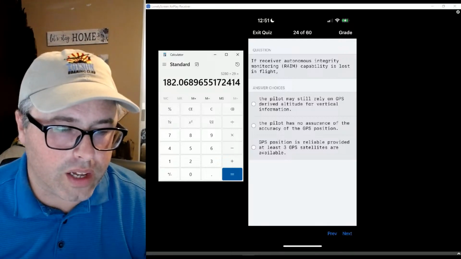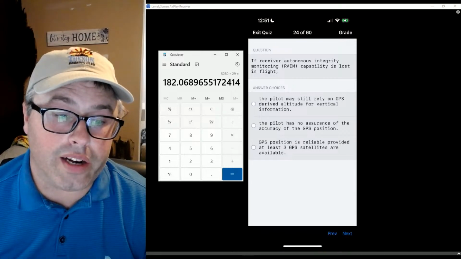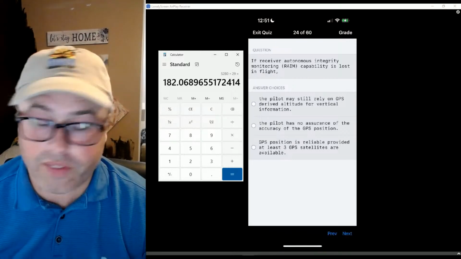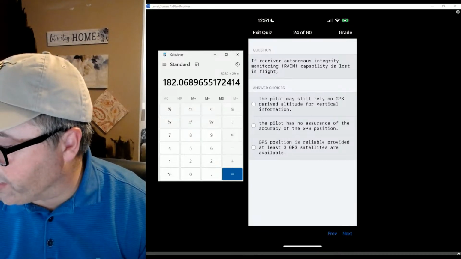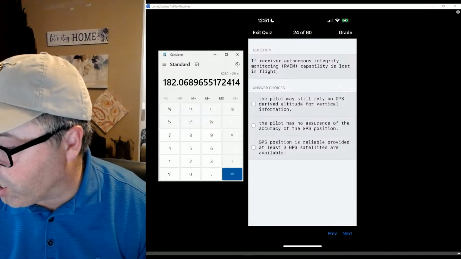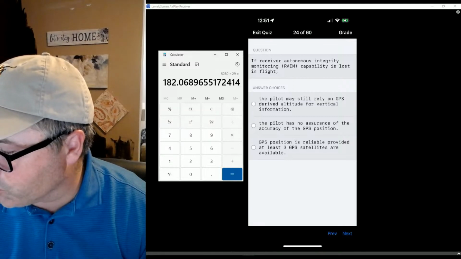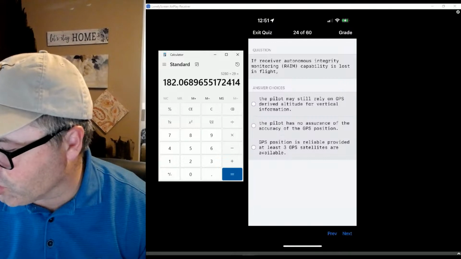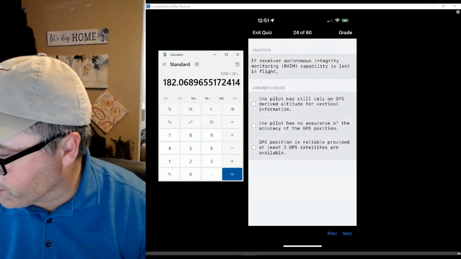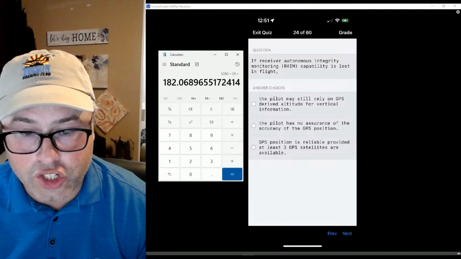If you lose contact with the satellites, you do not have GPS navigation. If RAIM capability is lost in flight, the pilot may still rely on GPS derived altitude for vertical information. No, you just lost RAIM. The pilot has no assurance of the accuracy of the GPS position.